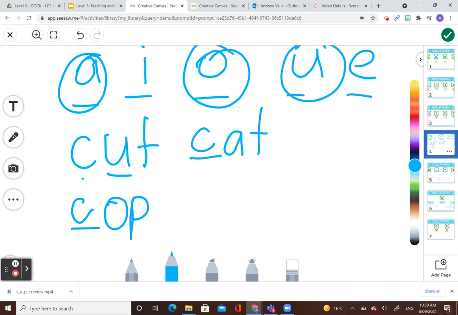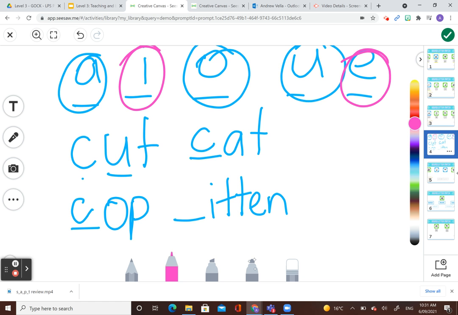Let's say the word is kitten. Again, I hear that k at the beginning, but the next couple of sounds that I hear are it, t, n. Now, if the vowel sound is it or et, that means I need to use the K, because that's the one closest to it.